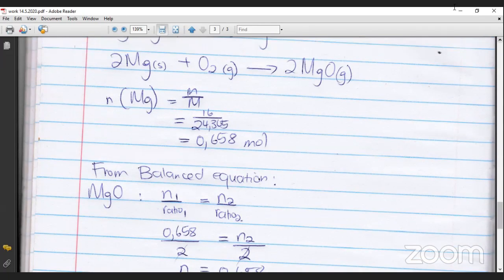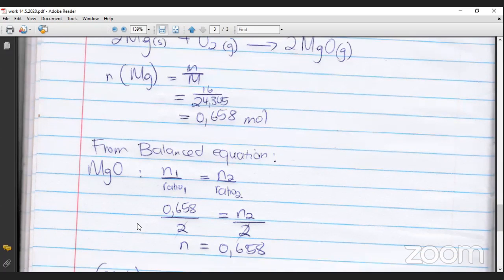Because Mg is the given and we've got the number of moles, that will be N1. And then MgO will be N2 because we don't know the number of moles, but we do have the ratios.